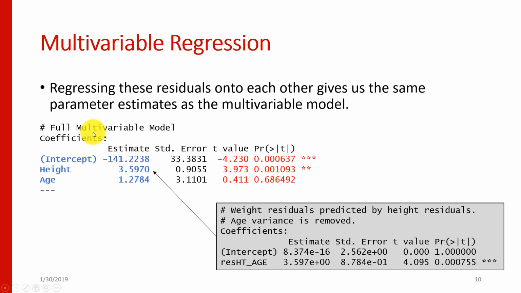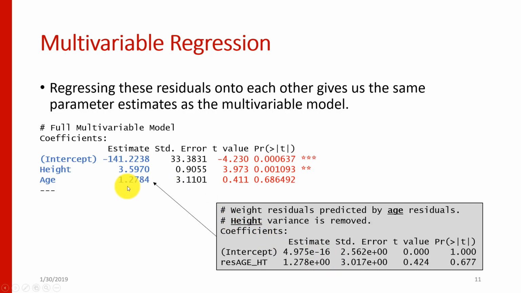So here, again, in our original full multivariable model, the effect of height was 3.5970, and we said that that was statistically significant, right? And if we look at our model with the effect of age, we can see that that has the exact same parameter estimate here. If we look at age, it has a value of 1.2784, right?